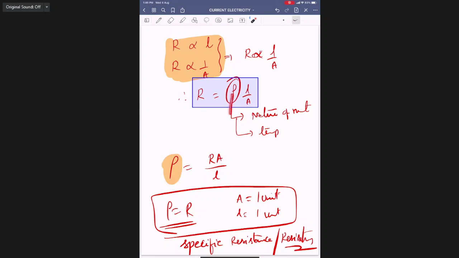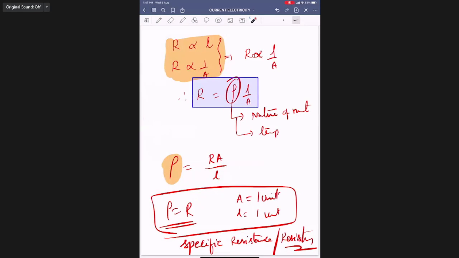It depends on only two factors: nature of the material and temperature. So rho is independent of the dimensions. It depends only on the nature of the material and temperature. It is the resistance of unit area of cross section per unit length. That's why it is called specific resistance or resistivity.